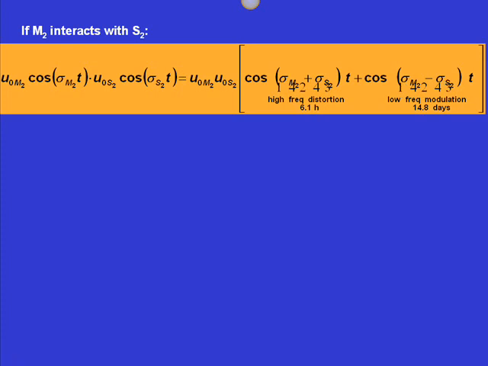So at least we need 14.8 days, 15 days of data to be able to separate the individual contributions from the M2 and S2.